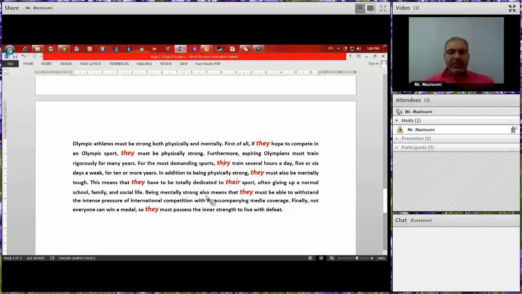Being mentally strong also means that they must be able to withstand the intense pressure of international competition with its accompanying media coverage. Finally, not everyone can win a medal, so they must possess the inner strength to live with defeat.